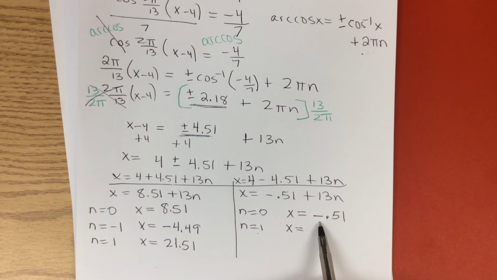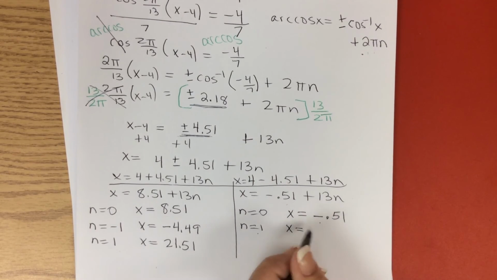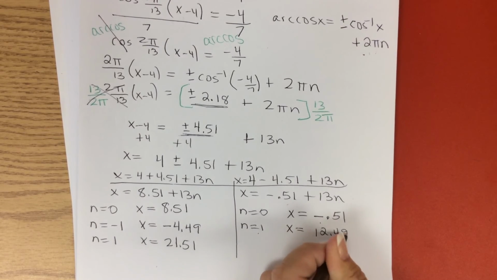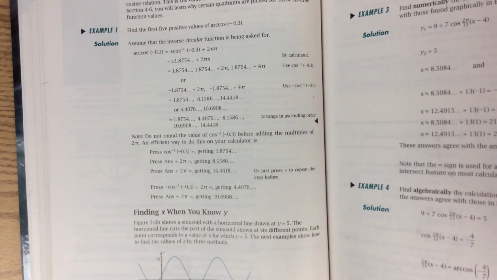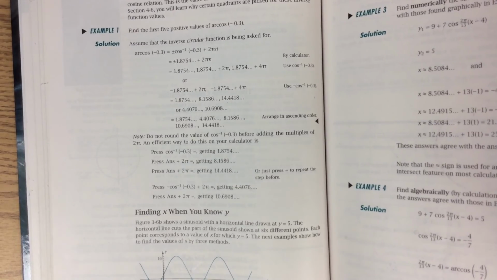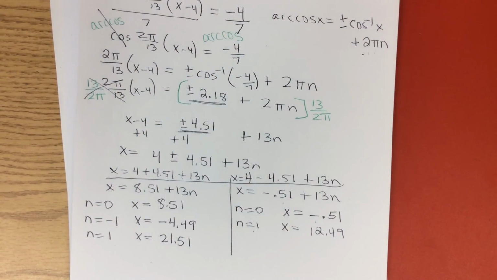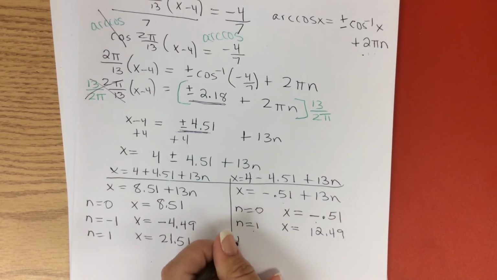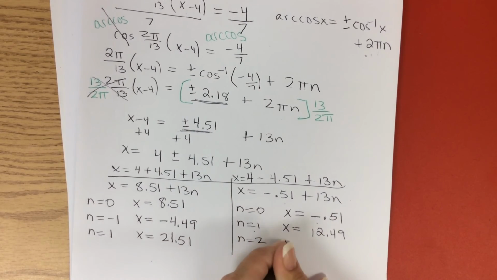We're going to take negative 0.51 and add 13, and we get 12.49. If you remember back to our problem, we estimated 12.5, and 12.5 and 12.49 are pretty close. We're going to make n 2.